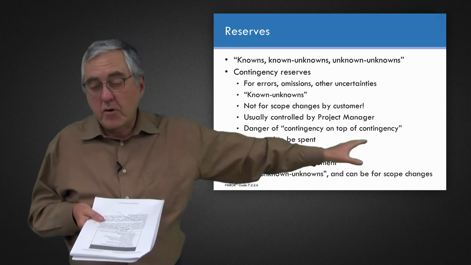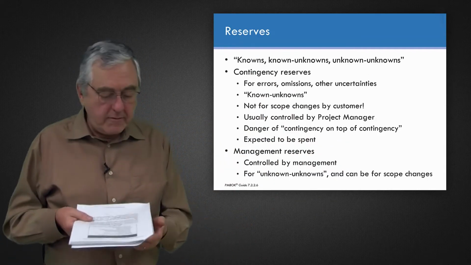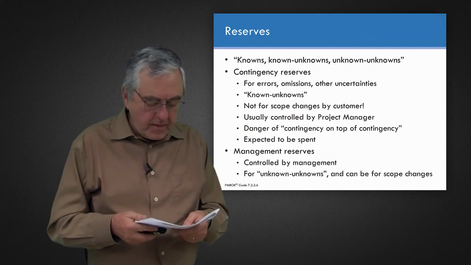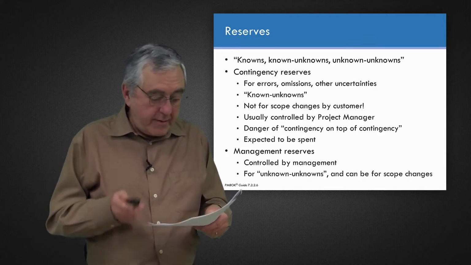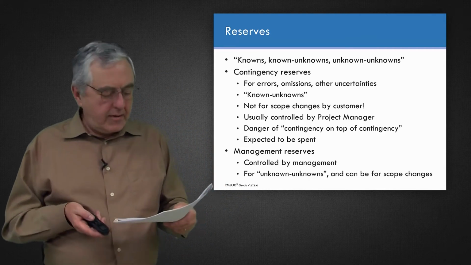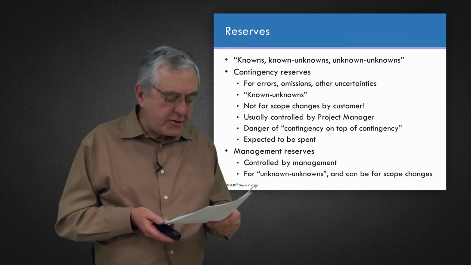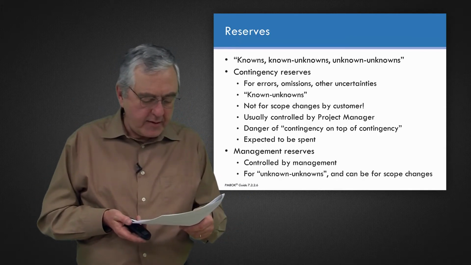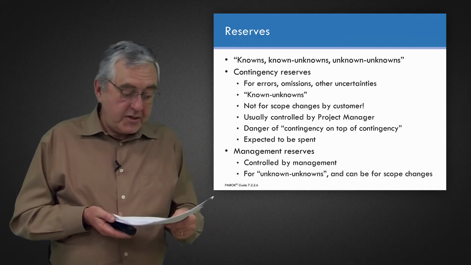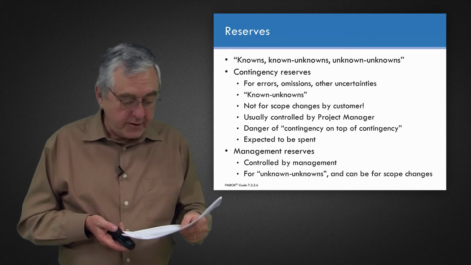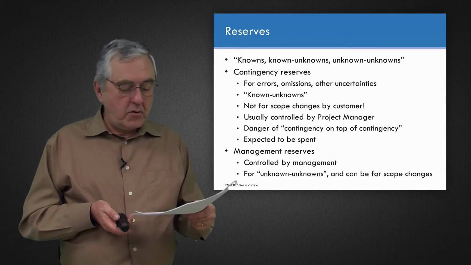They don't have to go to their board of directors and requisition more. I'm quoting the same Project Management Authority, Bill Duncan. Management reserve may not have to be expended, and if it does, it requires approval from your sponsor or your customer.